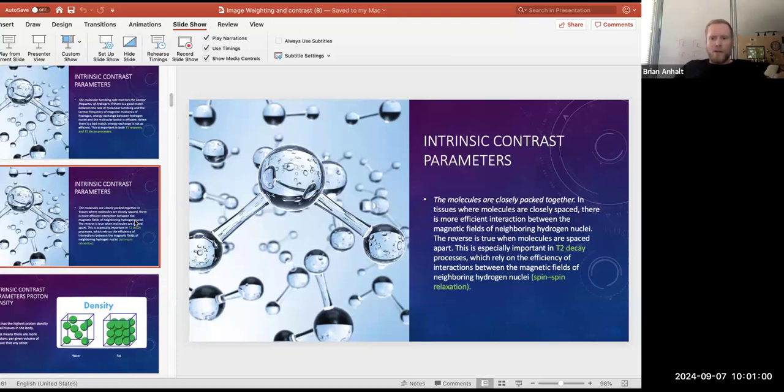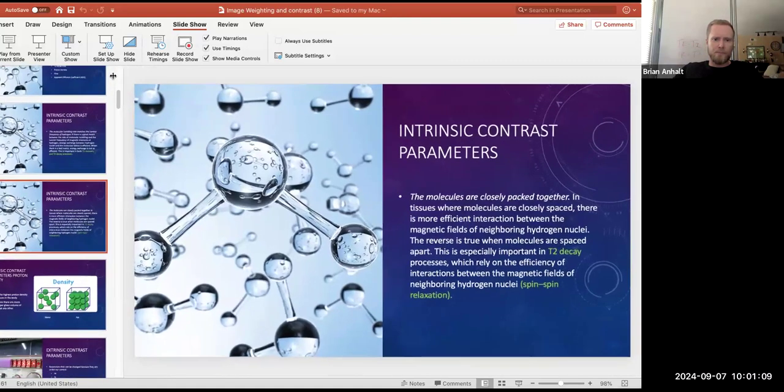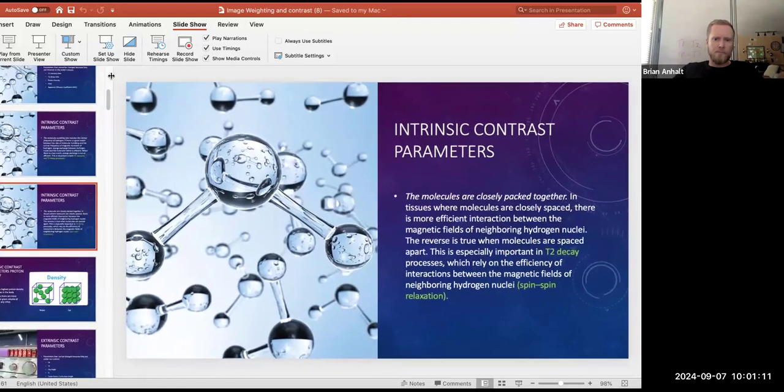All right. Also, something that's an intrinsic contrast parameter is how closely the molecules are packed together. So different molecules are gonna be more dense, right? They're gonna be closer packed together. In tissues like that, where the molecules are closely packed together, there's going to be a more efficient interaction between magnetic moments.